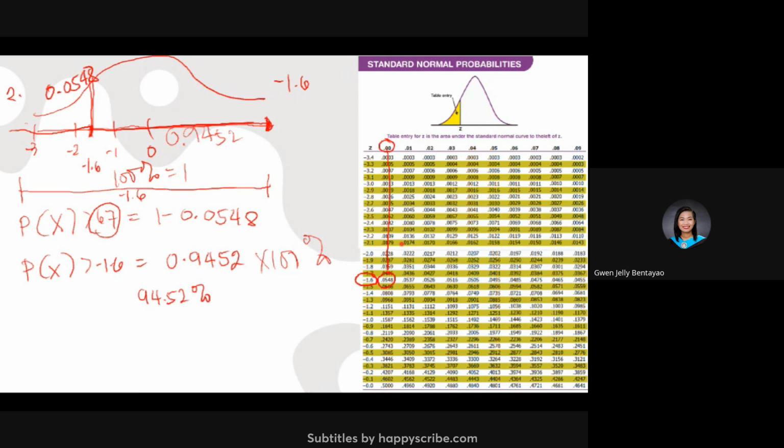So now since the real question is how many learners, or the number of learners, then we can just go back to 0.94. So that means 50 times 0.9452. In your calculator, the one that we have earlier, we just have to multiply that by 50 learners.